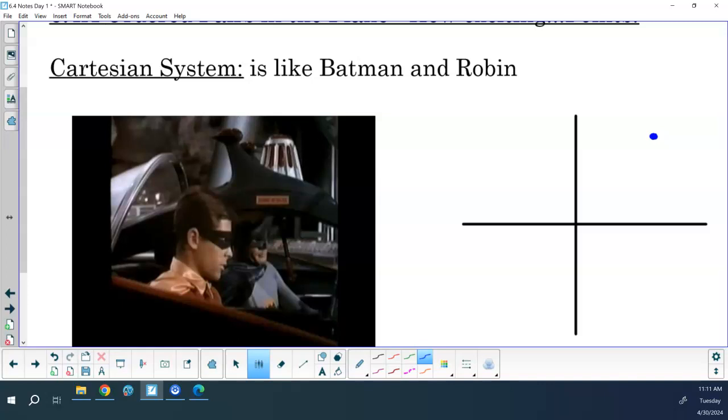Batman and Robin leave the Batcave, and they have to drive down the city streets a certain distance.